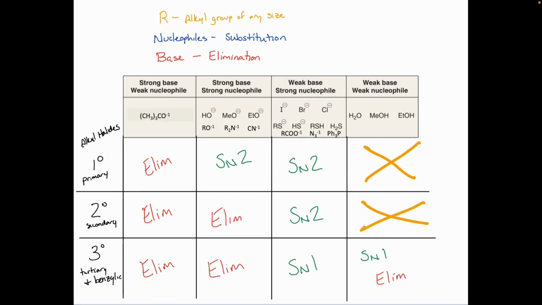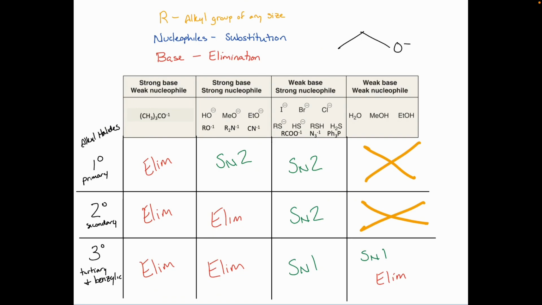So if I go to my chart here, again, this was my structure. Everybody take a second and see if you can find which category that reagent would fall into. Strong base, strong nucleophile.